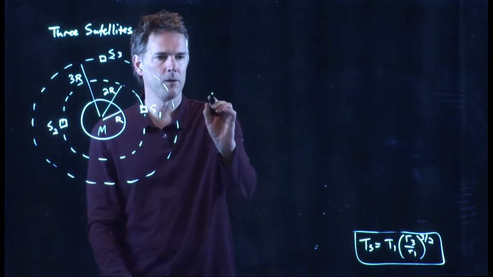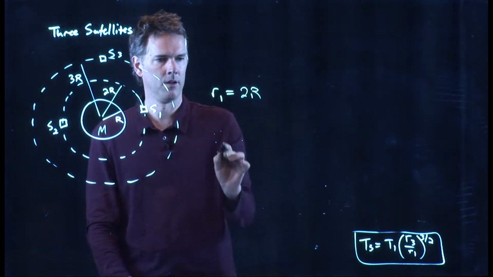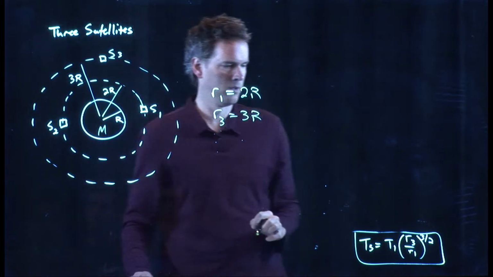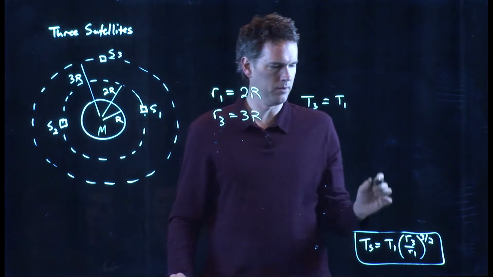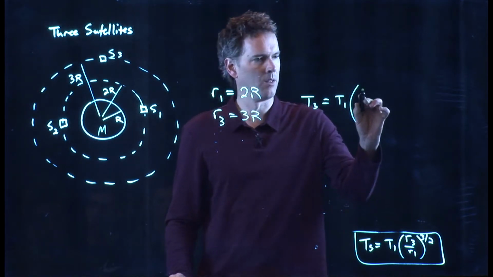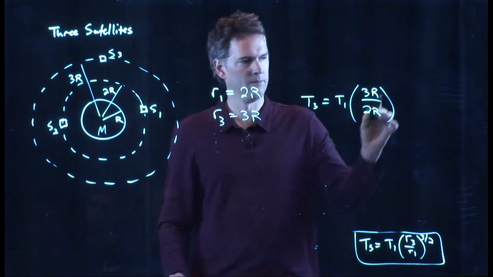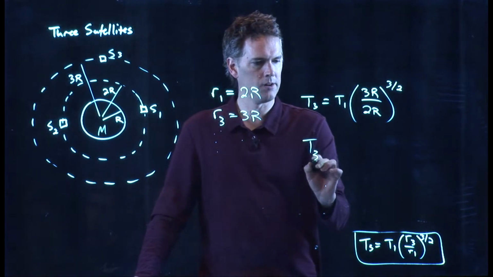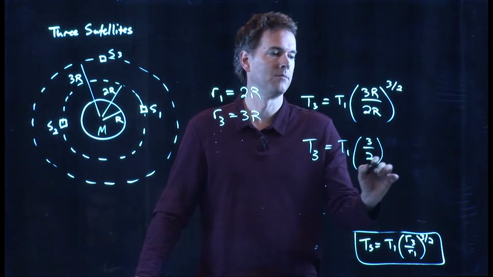What we said here was R1 was equal to 2R. R3 was equal to 3R. So T3 is T1 times 3R over 2R to the 3/2. The r's cancel out, and we get 3/2 to the 3/2.